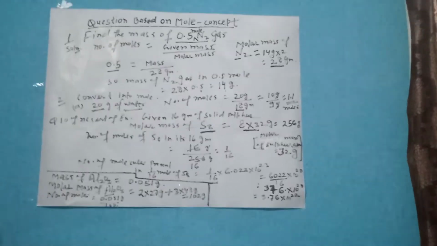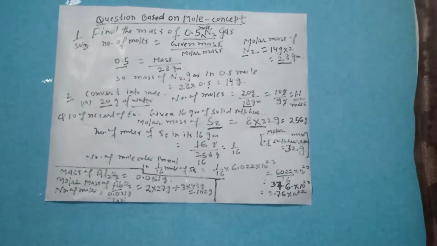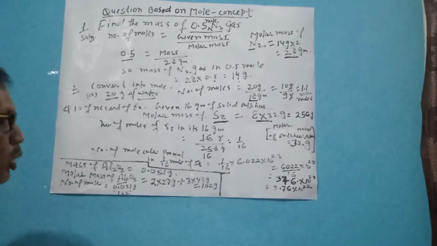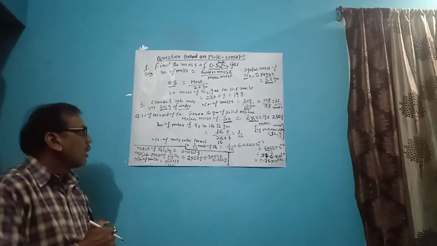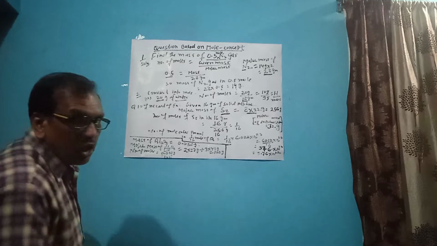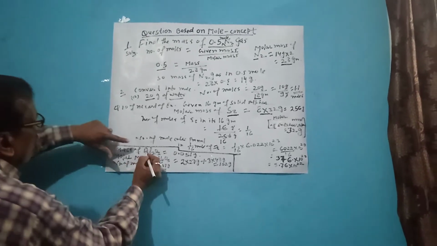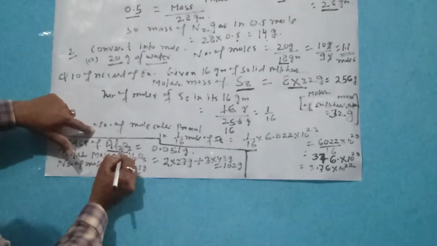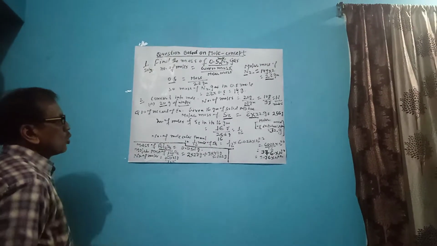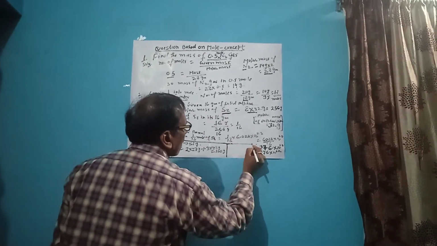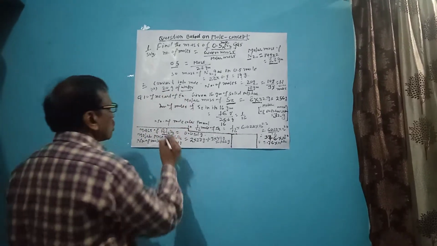This is the number of moles of aluminum oxide present in 0.051 gram of Al2O3. But it is also obvious: in 1 mole of Al2O3, what is the number of aluminum ions? 2 aluminum ions.